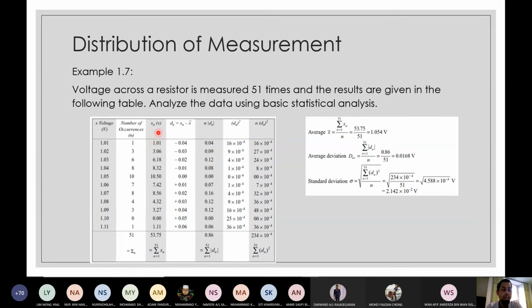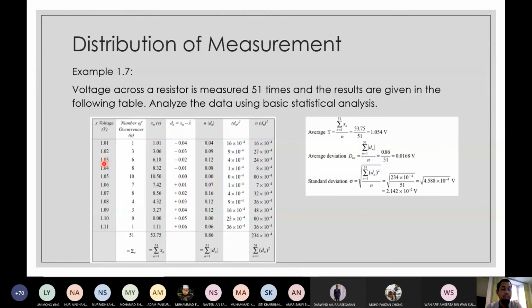Then we calculate the total from each reading. So 1.01 multiplied by 1, we get 1.01. 1.02 multiplied by 3 readings, we get 3.06.